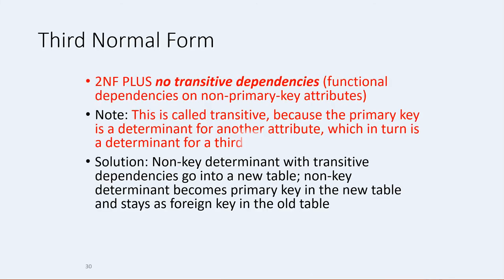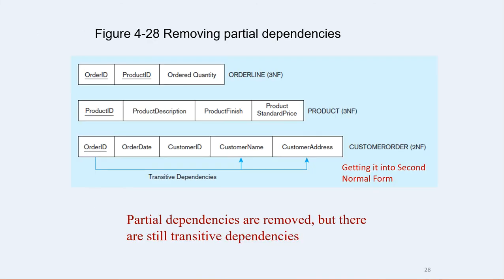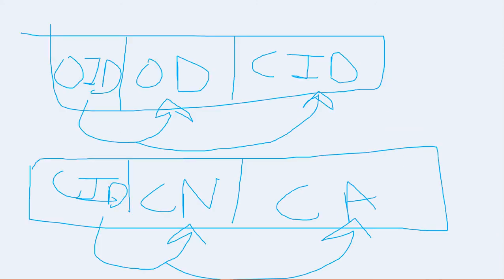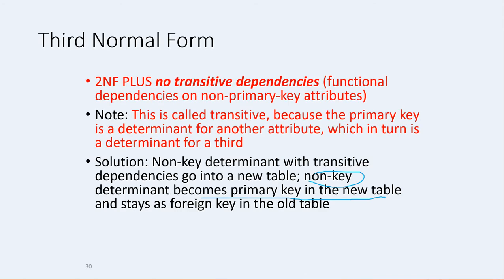Customer ID, which was earlier a non-key, neither a primary key nor a foreign key at that time, became a primary key in its own new table. So this will be a customer table. That was the first part of solving transitive dependency.